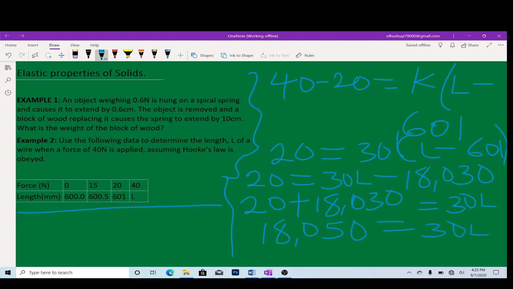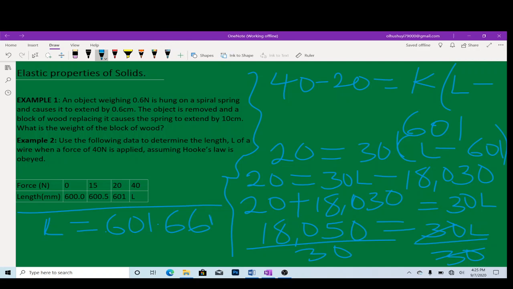Divide both sides by 30. 30 crosses 30. So my L will be equal to 18,050 divided by 30. That will give you 601.66.